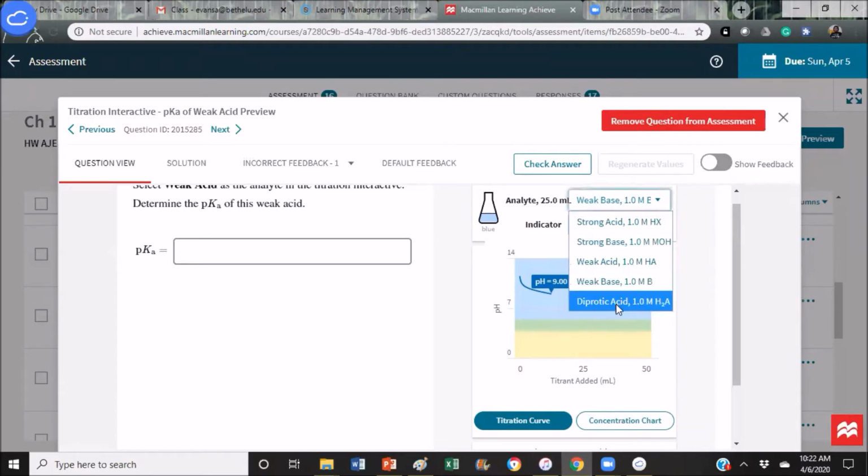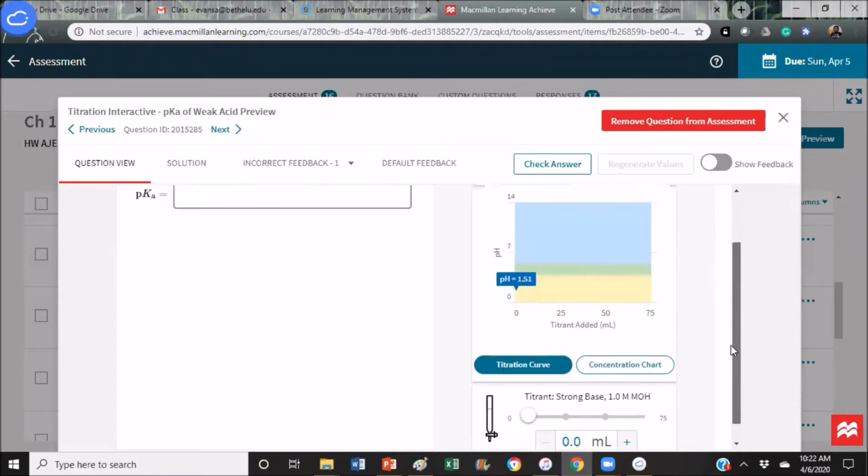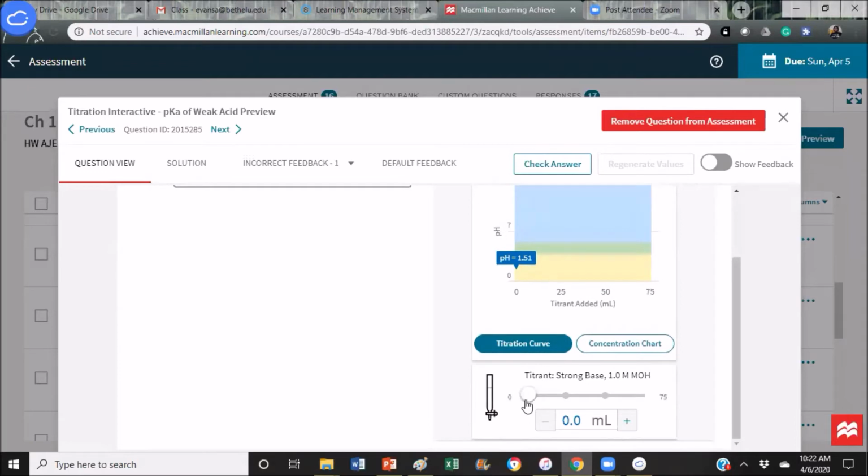If I did a diprotic, you get a similar thing, but you get 2 jumps. In this case, pH equals the pKa at the half equivalence point at 12 and a half. And between 20 and 50, which would be like 37.5, would be the pKa 2 for that one.